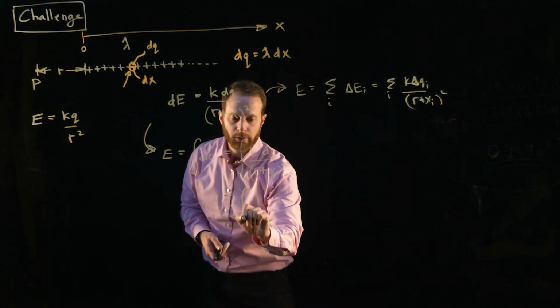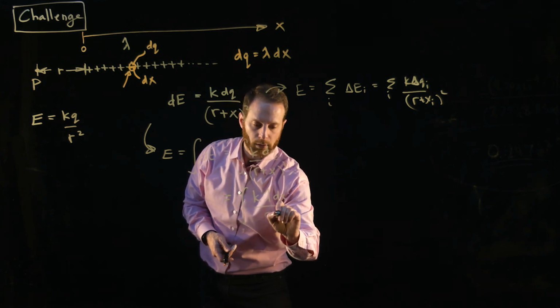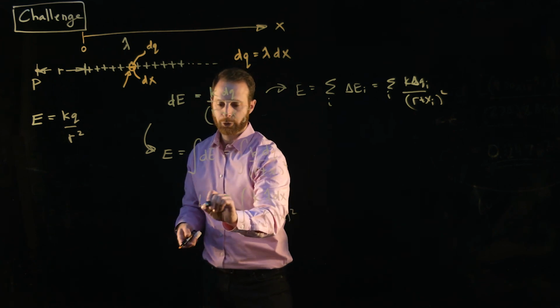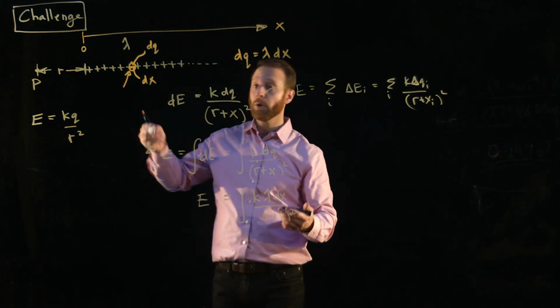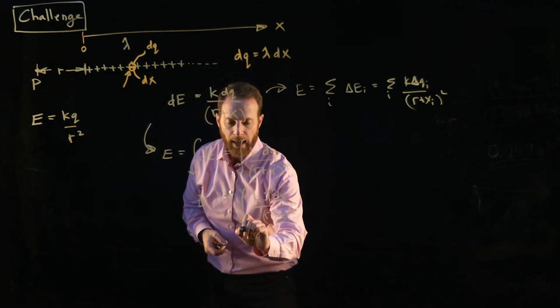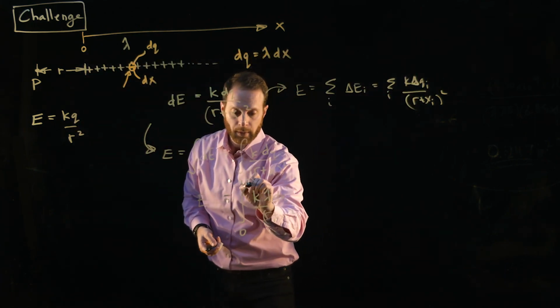So this is equal to the integral of k lambda dx over r plus x, quantity squared. This should give us the electric field. I'm not worried about the sign. In the end, we know that the electric field should be pointing that way. We're integrating from x equal to 0, starting here and going all the way out to infinity.